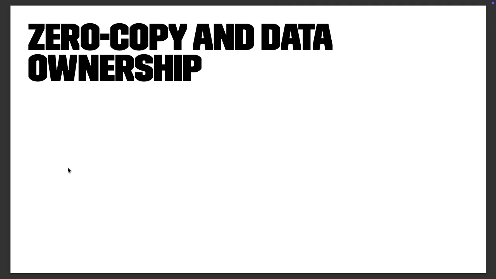So this next section is about zero copy and data ownership. So what we want in our input ranges pipelines, we want to avoid copies at all costs, because for performance reasons we want to just read the value and then transfer the value through the pipeline until the final destination.